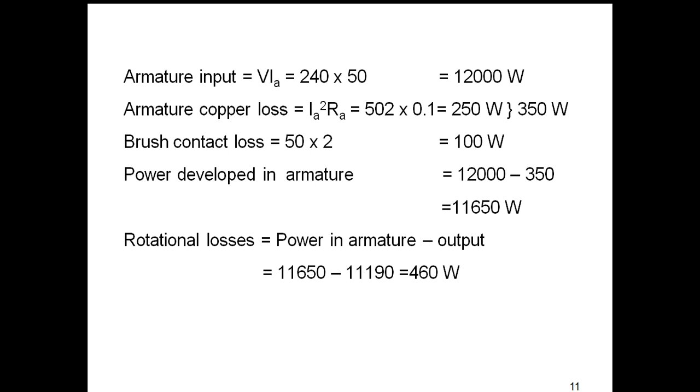So the power developed in the armature is 11,650 and the output at the shaft is 11,190, which is equal to 460 watts. This 460 is nothing but the rotational losses.